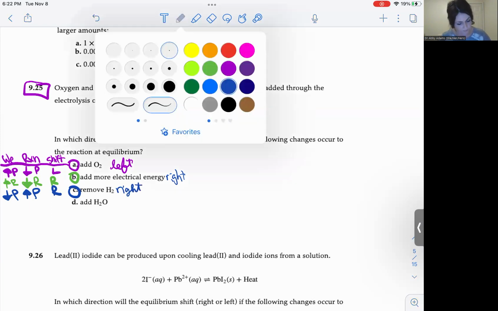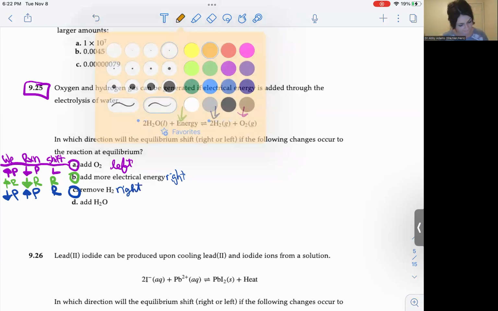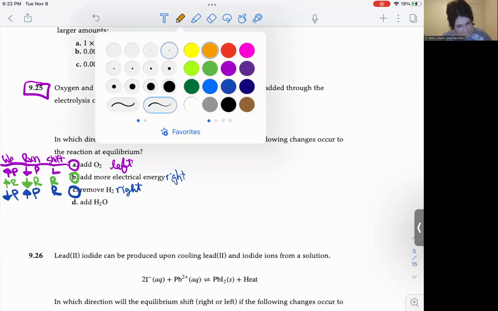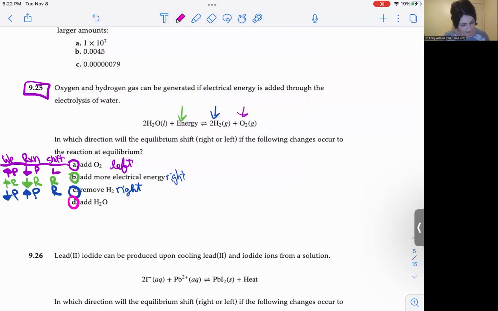Okay. D. Add water. Add our water. So we want to add a reactant. So the reaction is going to lean away in the opposite direction and decrease the reactants. So towards the products then. And if you're going towards the products, that would be to the right.